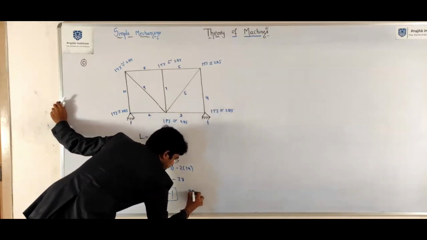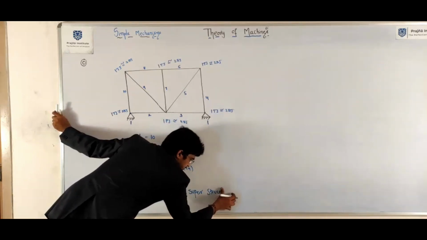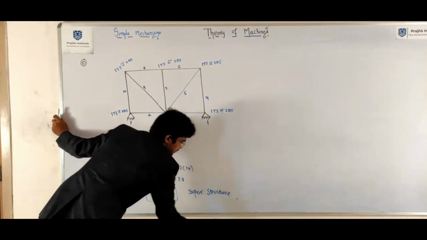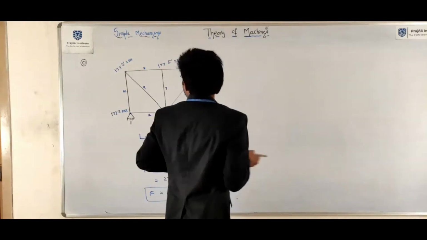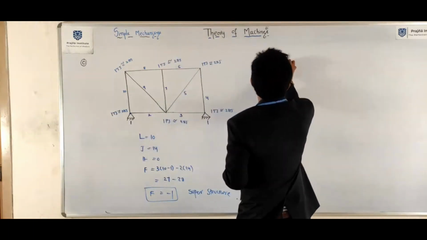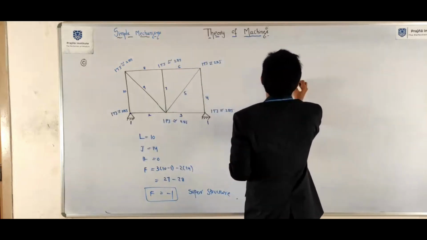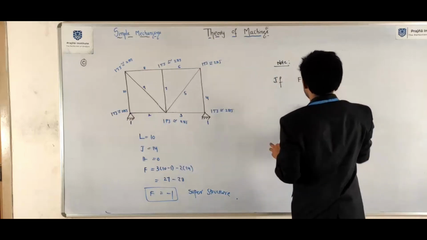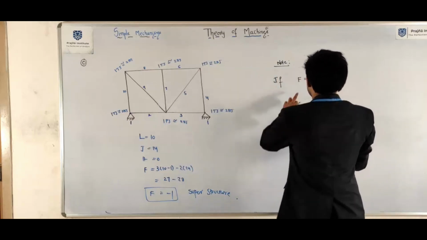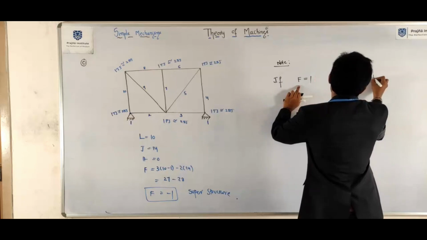It is a superstructure. Put a note. If F is equal to 1, constrained kinematic chain.